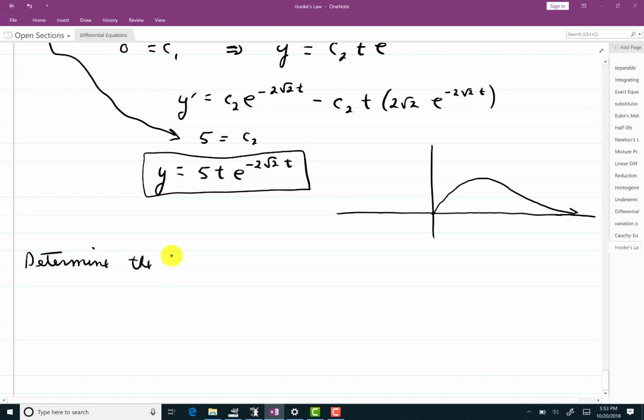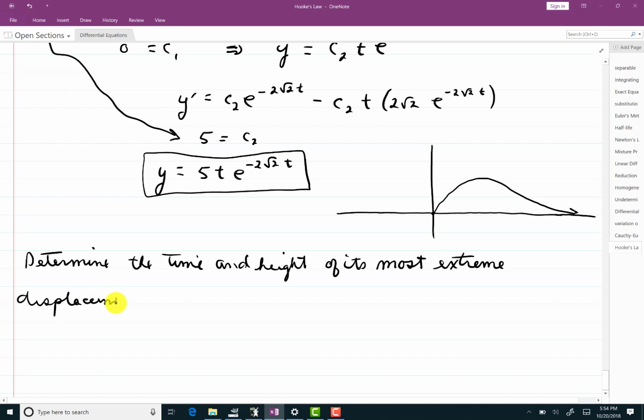Determine the time and height of its most extreme displacement from equilibrium.